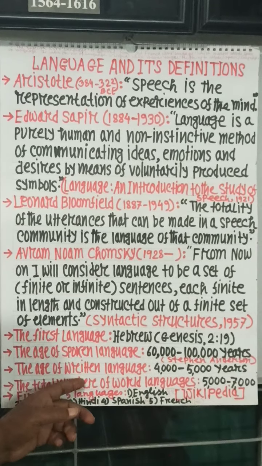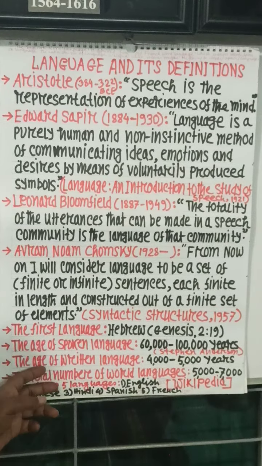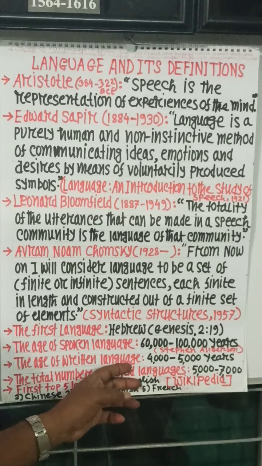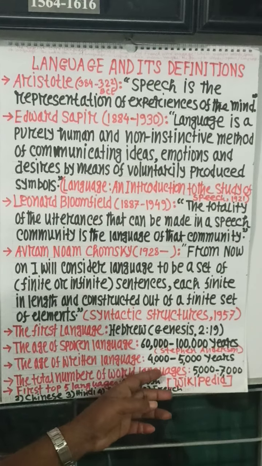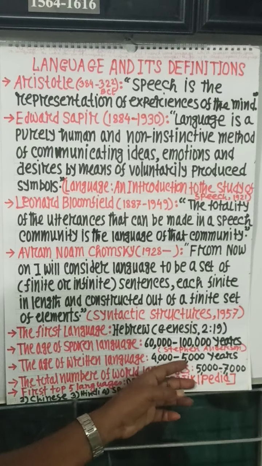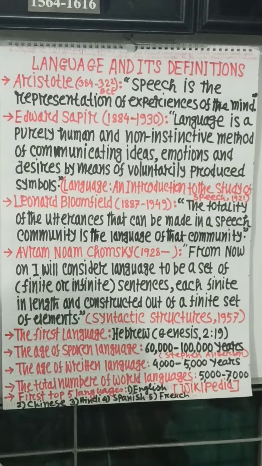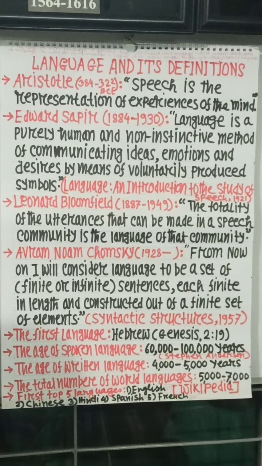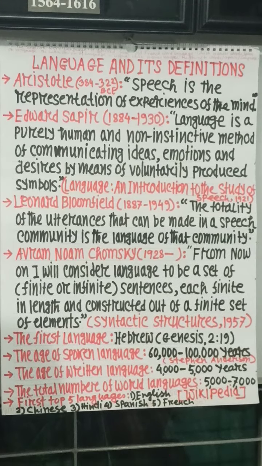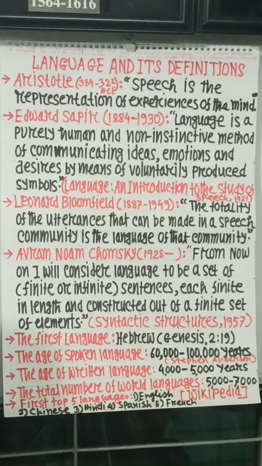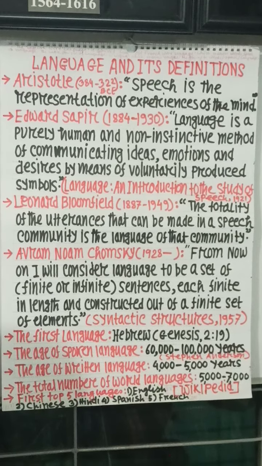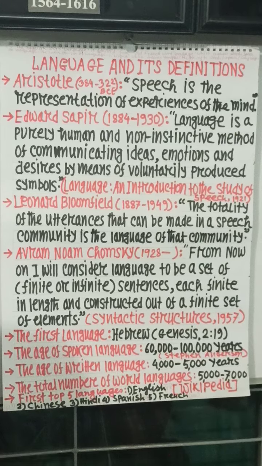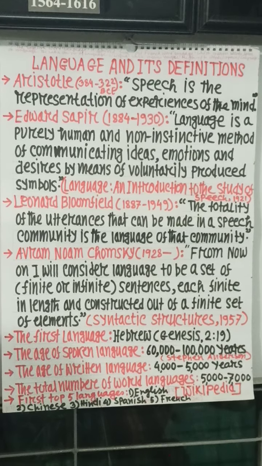Another important piece of information for you is that the age of written language is 4,000 to 5,000 years. I have another piece of information for you: the total number of world languages is almost 5,000 to 7,000.